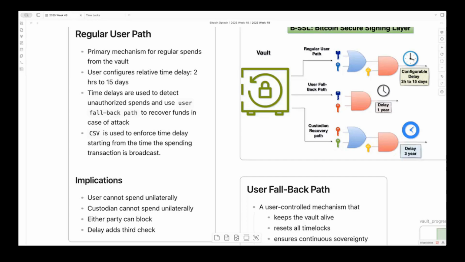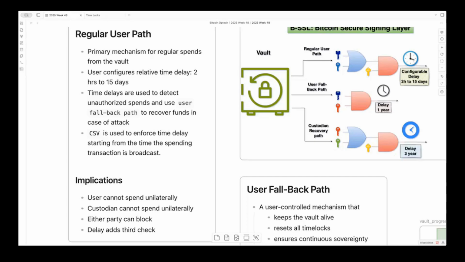So the purpose is that you can have an external observer watching the chain for spends from your address, and so you'll have some time to react. If you have a minimum of 2 hours of delay, and you have some script watching the mempool for spends from your address, and you create an alert, once this transaction hits the mempool, you'll get an alert.